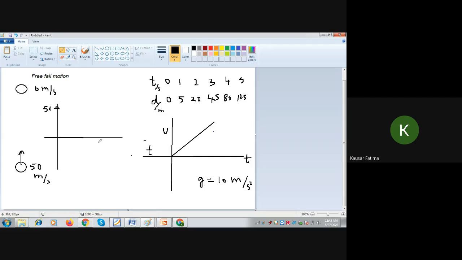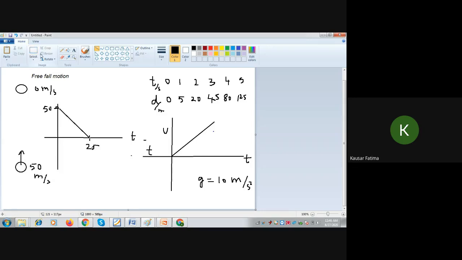Okay, so I think it will take around 3 seconds or 2.5 seconds to reach the maximum height. Suppose it takes 2.5 seconds. So what will be the shape of the graph? This way. Why this way? Because velocity decreases uniformly. This is uniform deceleration.